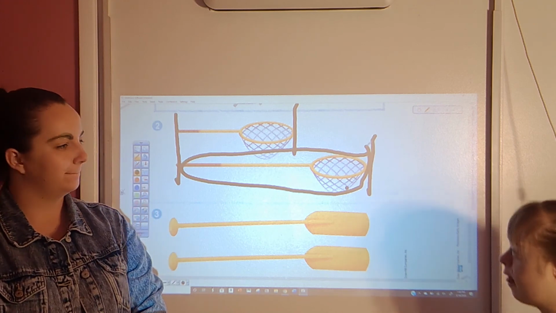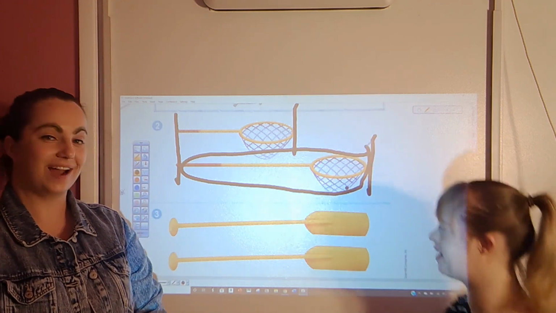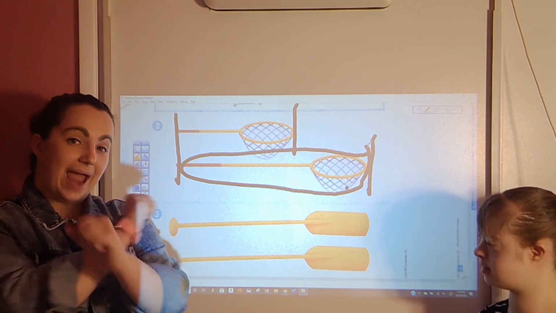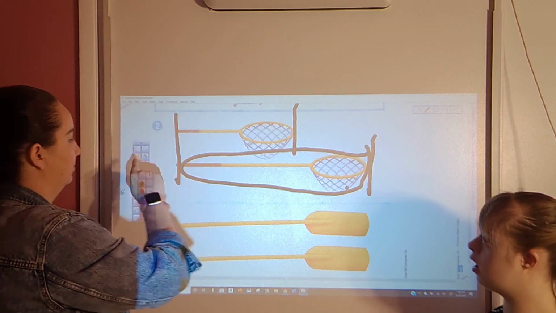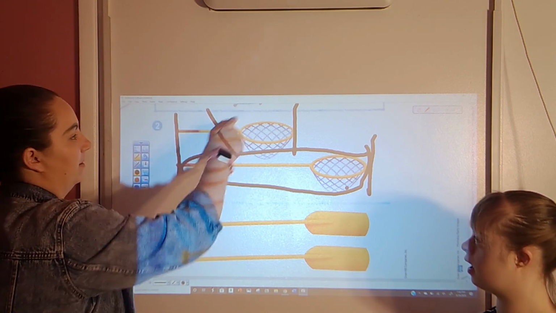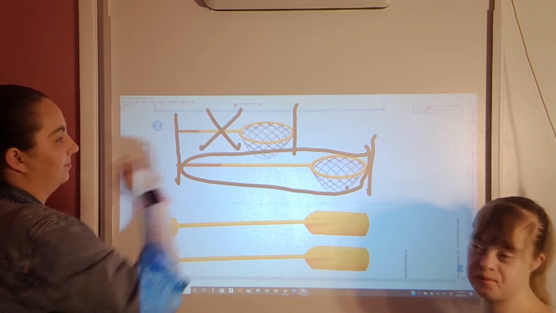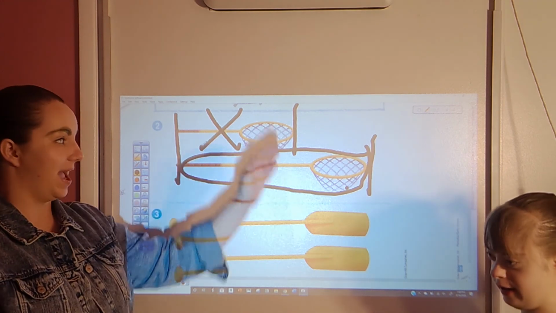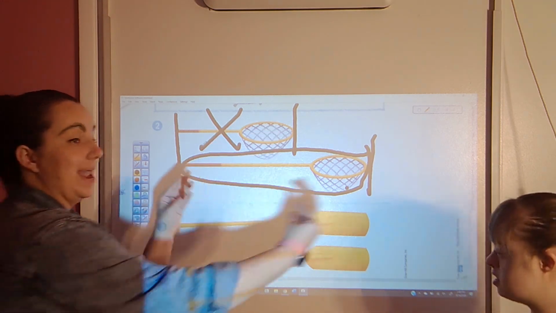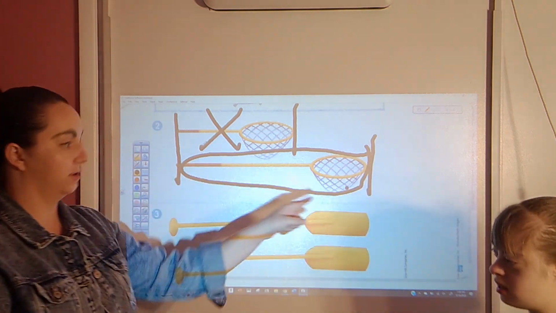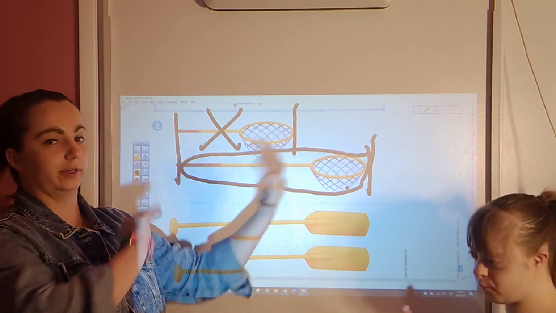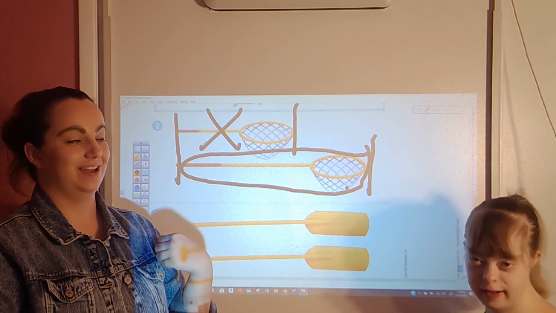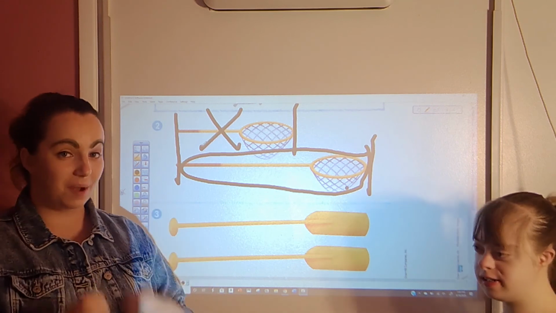Which one? Yes, right there. So we're going to put an X on it, say that net is shorter in length. Nice job. We had two nets, compared their lengths, and found longer and shorter. Nice work. Do you feel like we can move on to the next problem, Kaylee?